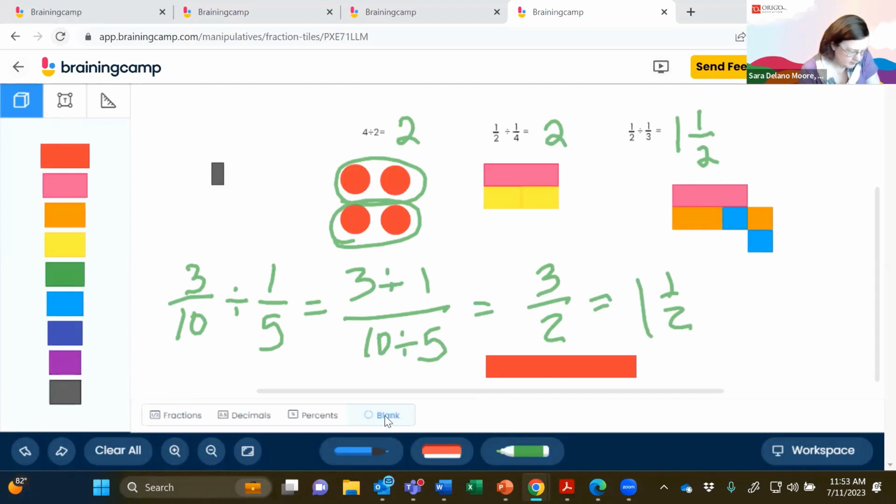Oh, I need my labels back on. And I grabbed a 12th. That was not what I wanted. Make that go away. I've forgotten the colors. 3/10, 1/5. Yeah, visually it makes sense that there's 1.5 1/5s in 3/10. So that's what divide across is. And obviously then I can also do the invert and multiply thing. And I'll end up with 15/10, which is another form of 1.5. But in both cases, it's about doing the math.